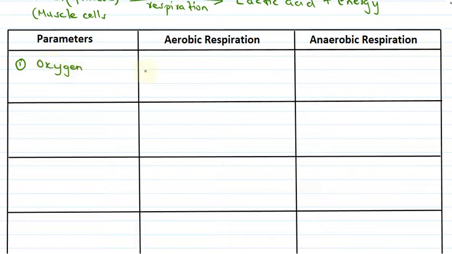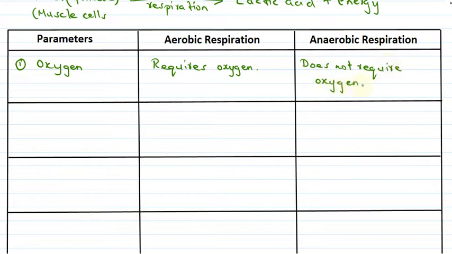So in case of aerobic respiration, oxygen is required. Okay, so we can say this respiration requires oxygen, whereas in case of anaerobic respiration, it does not require oxygen.